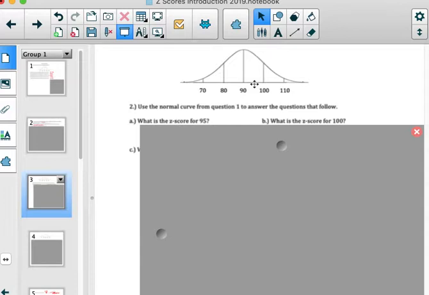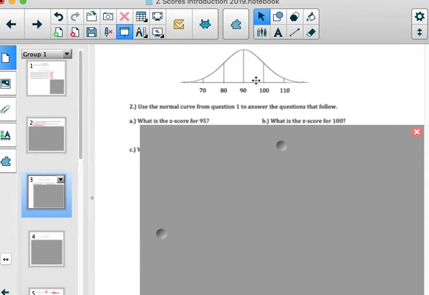If I ask you first about, let's jump to B. It says, what is the Z-score for 100? How many standard deviations away was 100? 1. So its Z-score is 1. Okay, let's jump back to A. What is the Z-score for 95?